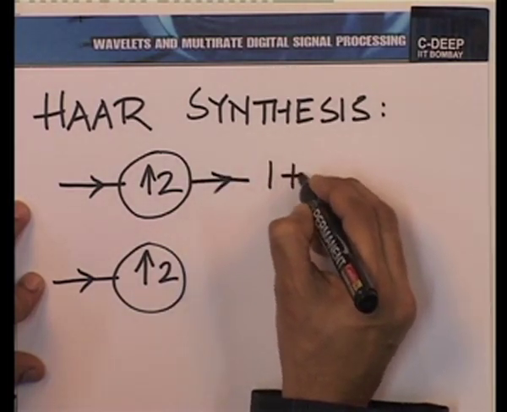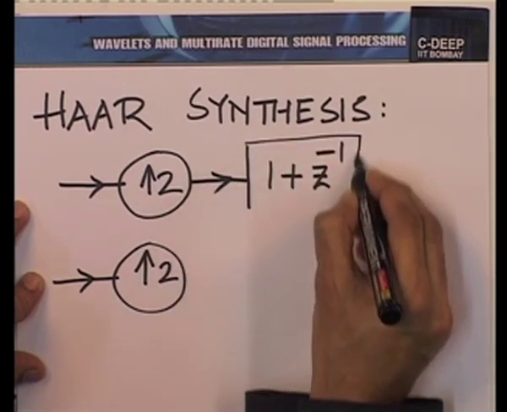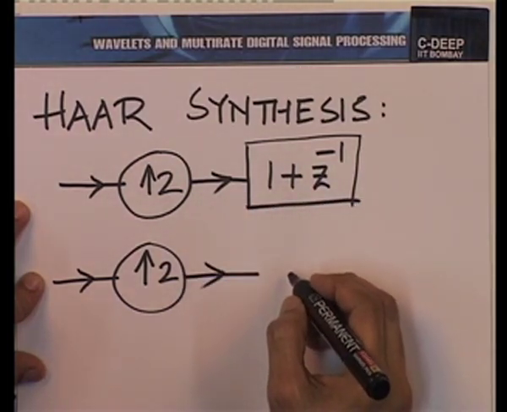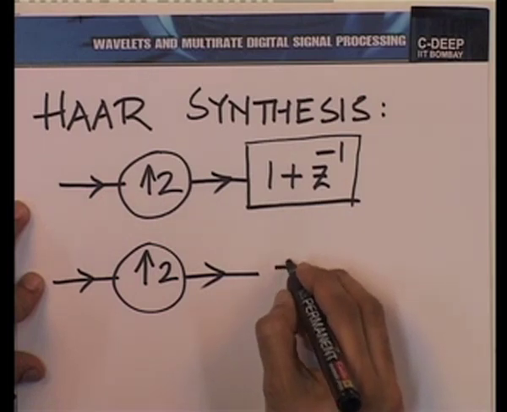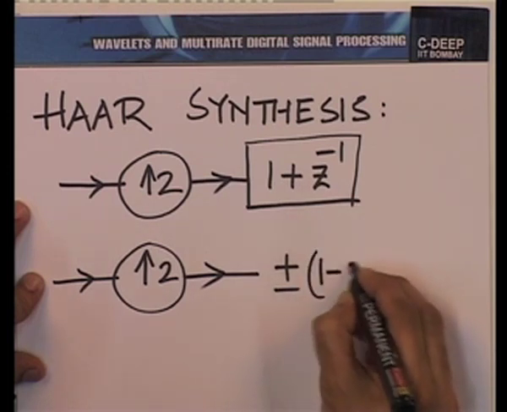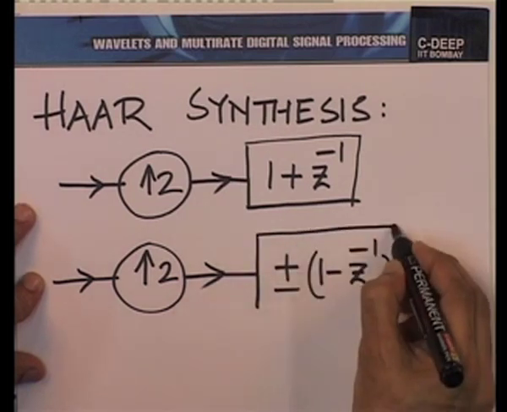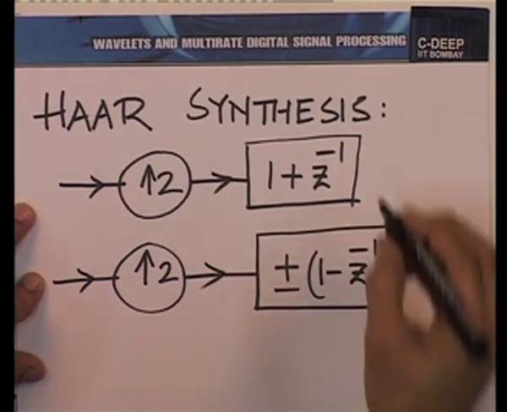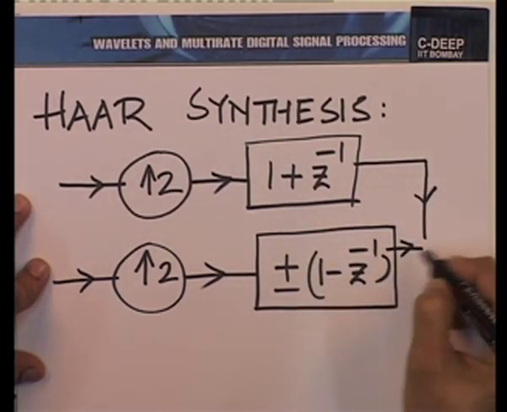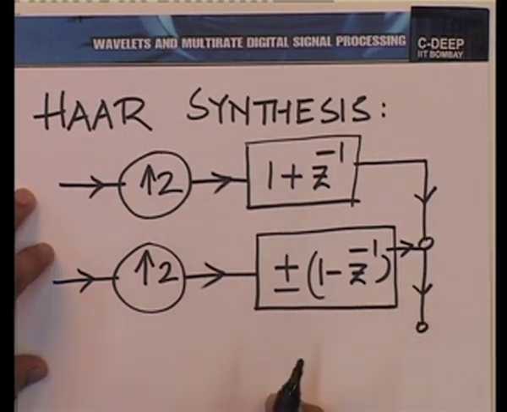So, here the filters had the form 1 plus Z inverse and 1 minus Z inverse. Now, the only catch is I am going to allow for an ambiguity of sign here, plus minus 1 minus Z inverse. A small variation from last time, a subtle point, but important.